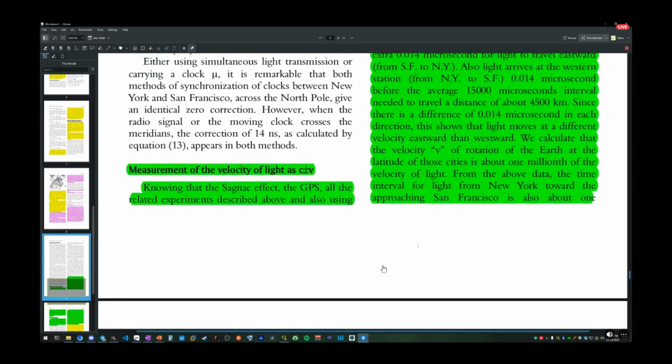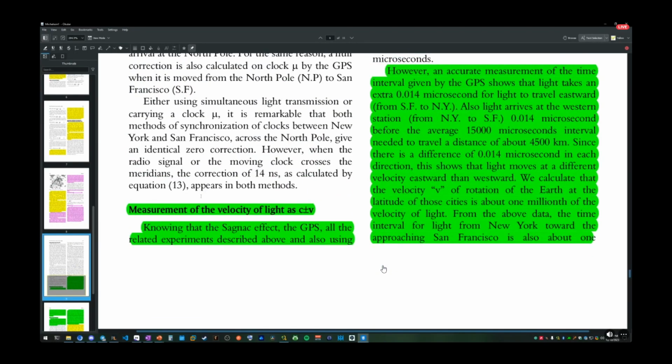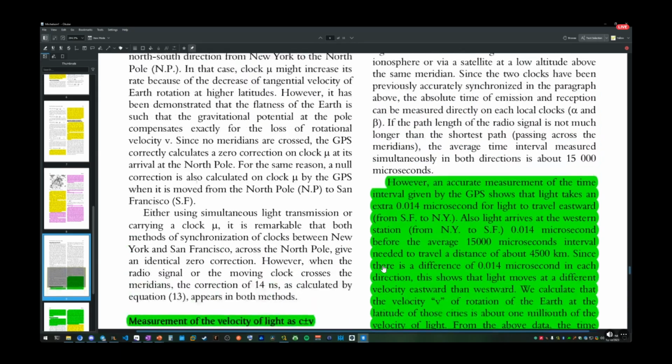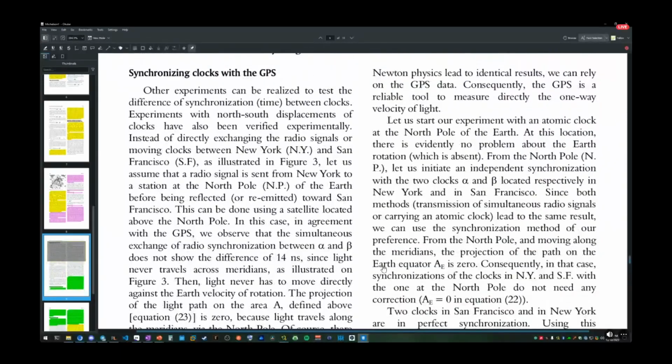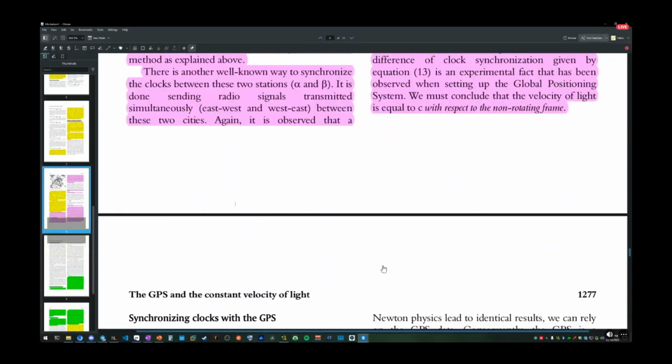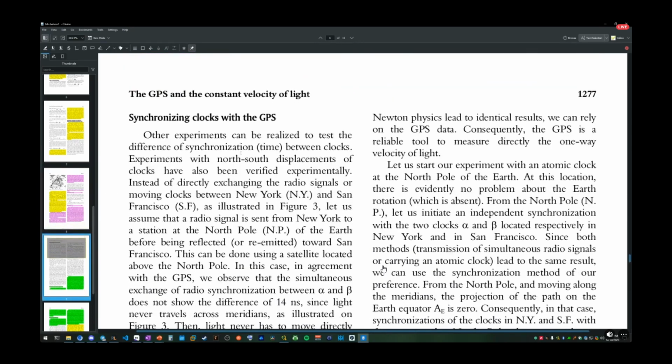Then there was another experiment. I think he's talking about the Allen and others experiment done in the 90s or something like that.